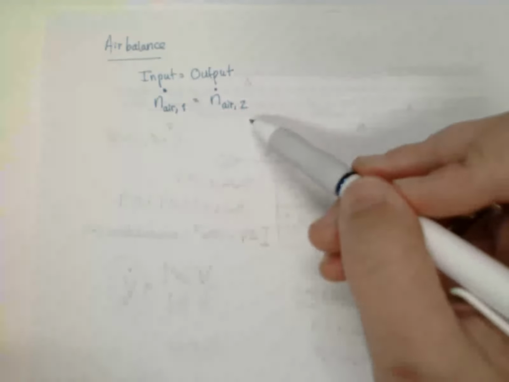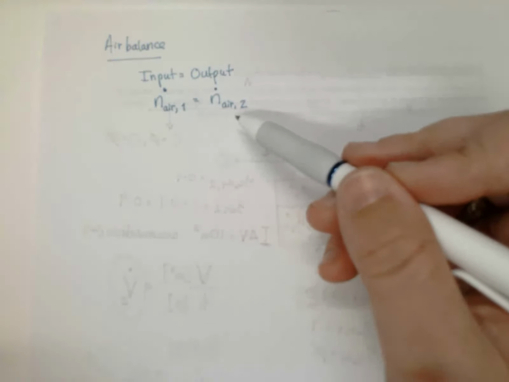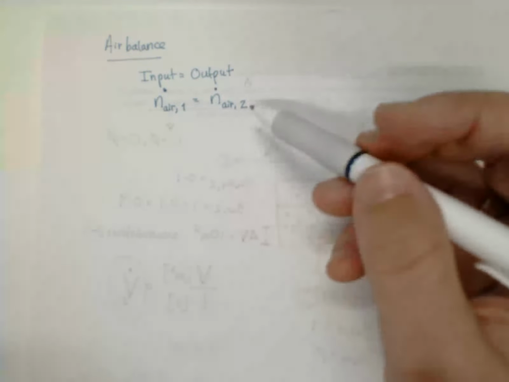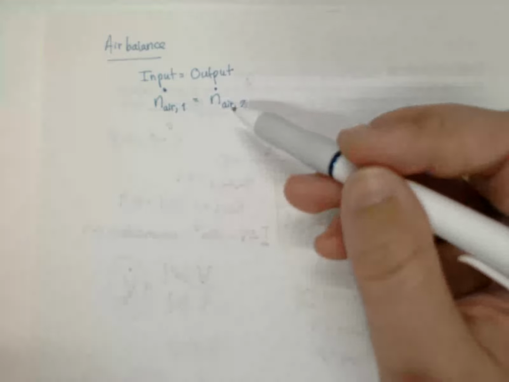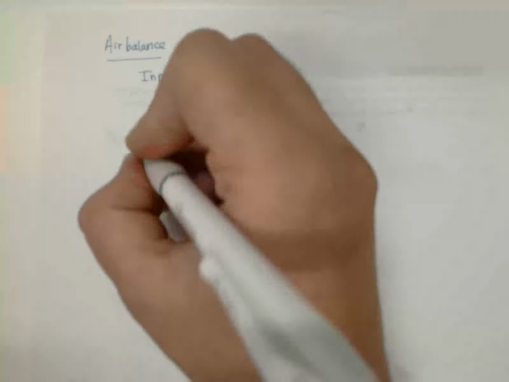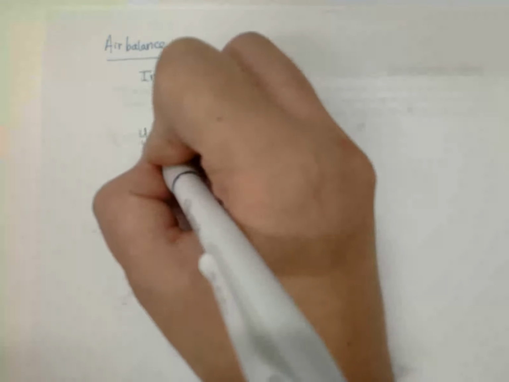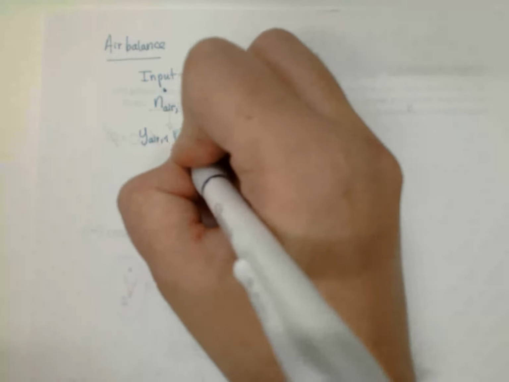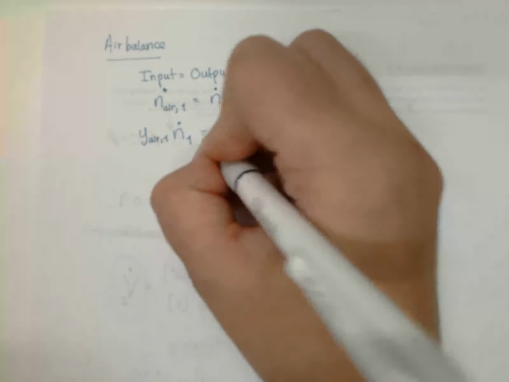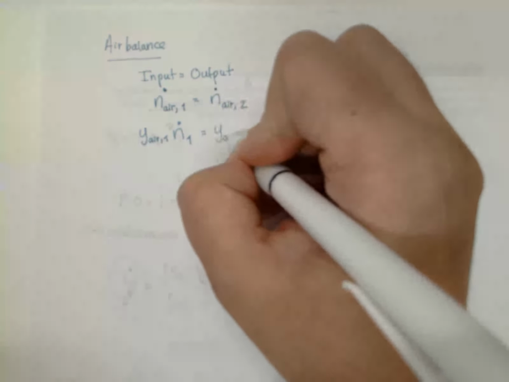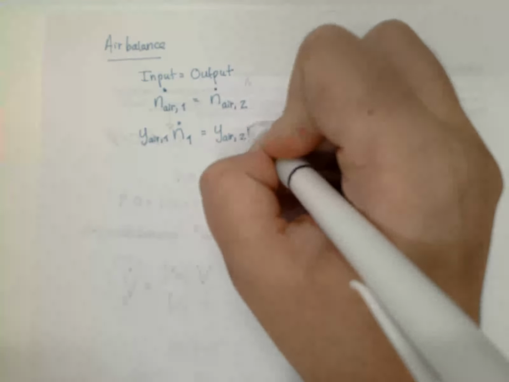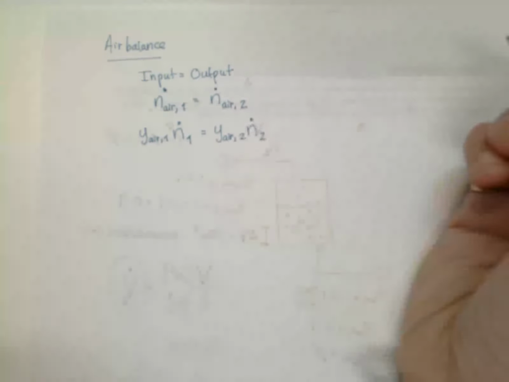Now remember, we can rewrite these in terms of the total flow and in terms of the fractions. So let's take Y air 1 times the total flow in 1, and that's going to be equal to Y air 2 times the total N dot 2.